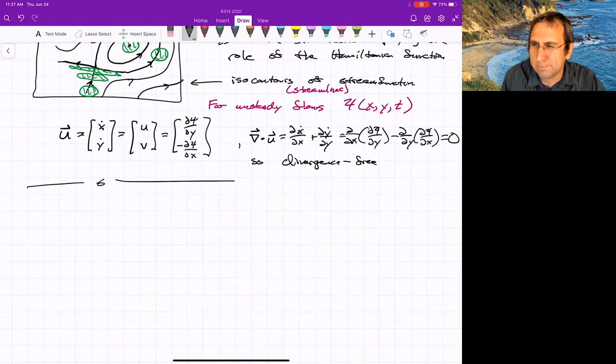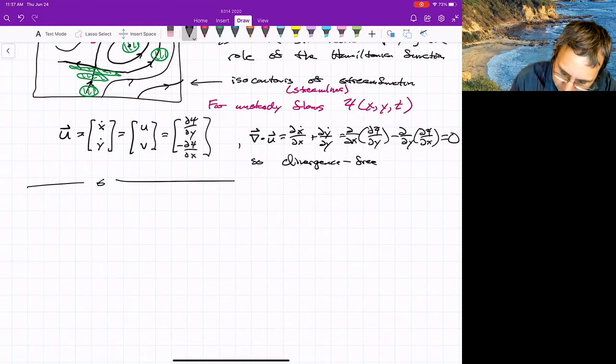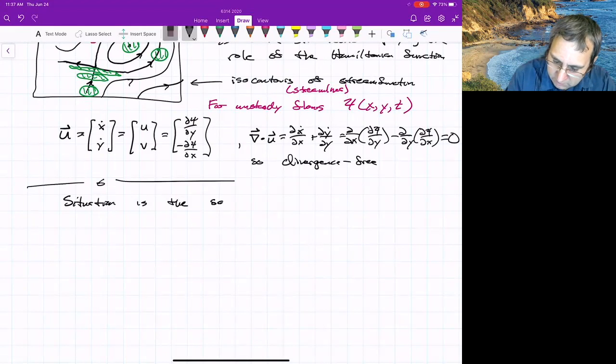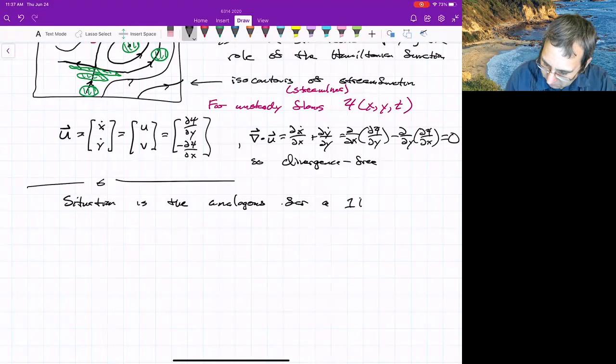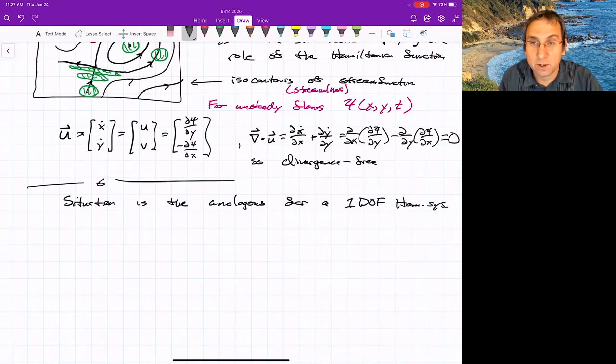But we can do some interpretation, and I'll probably end here. So the situation is analogous for a 1 degree of freedom Hamiltonian system. So you could literally view 1 degree of freedom Hamiltonian systems as fluids.